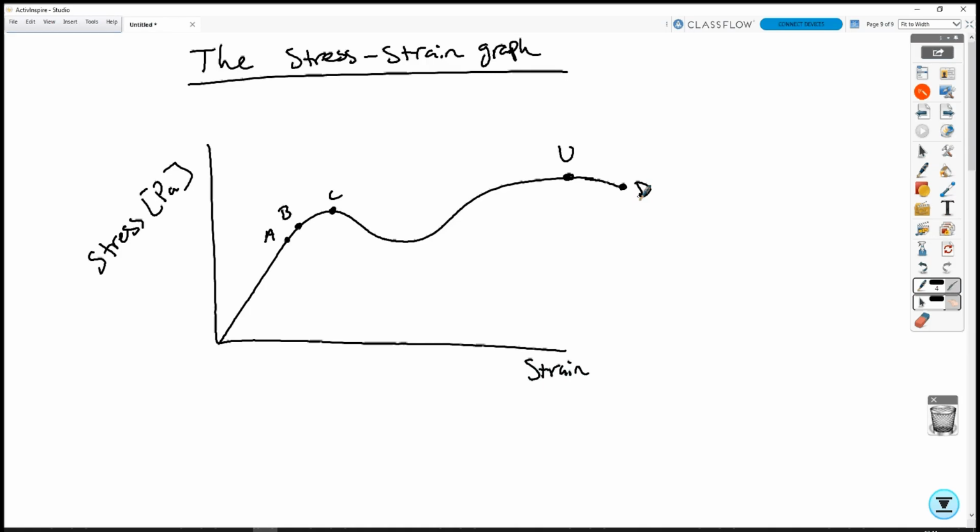That initial straight line bit, the Hooke's law region, is elastic behaviour. Where the stretched wire or spring or any material will return back to its original shape without permanent deformation.